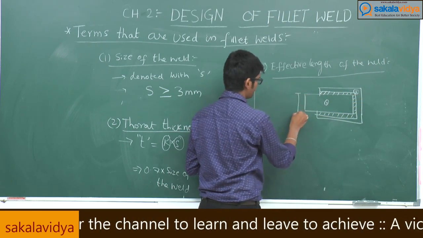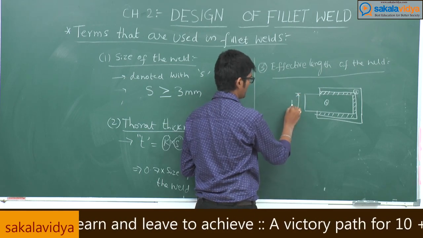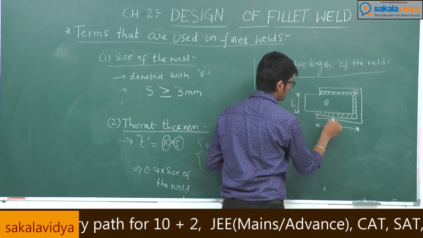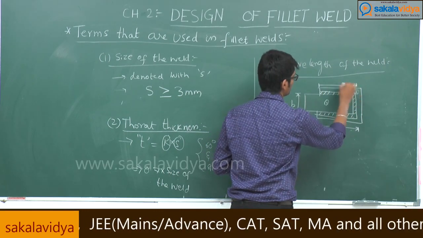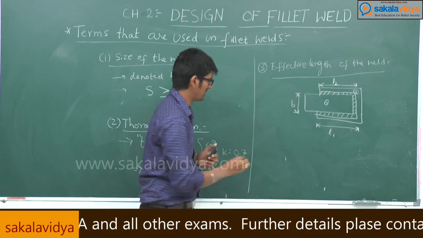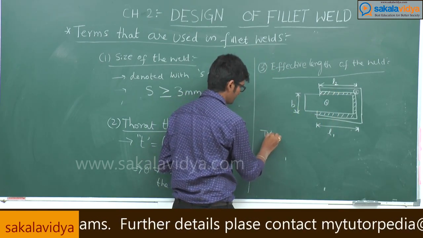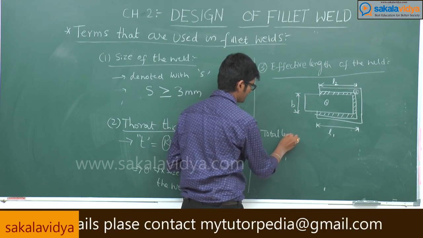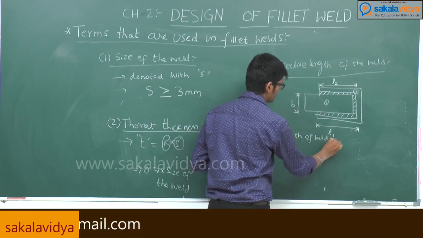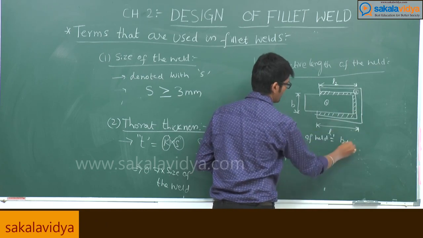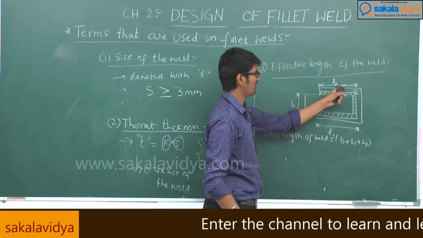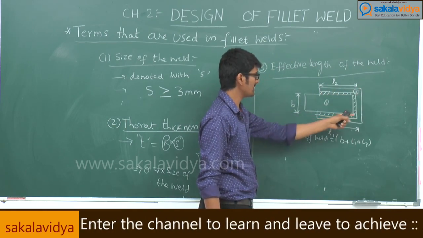This length is B, this length is L1, this length is L2. So what is the total length of the weld? Total length of the weld is equal to B plus L1 plus L2, that means L2 plus B plus L1.